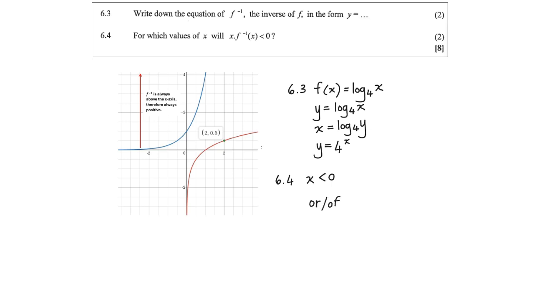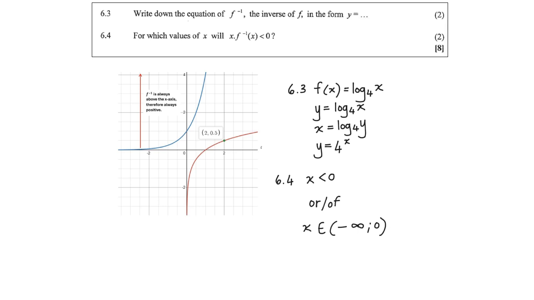So the x values for which x times f inverse x is smaller than 0 are all the x values smaller than 0. This answer can also be written as x element of minus infinity to 0, and both round brackets since they are excluded.